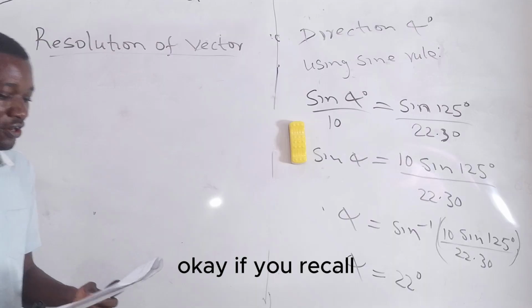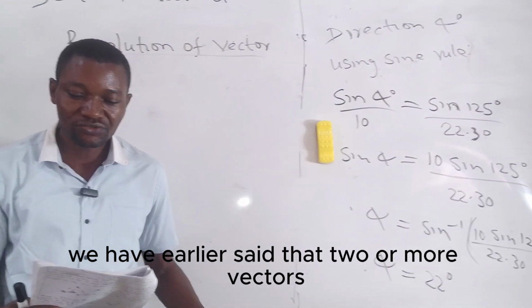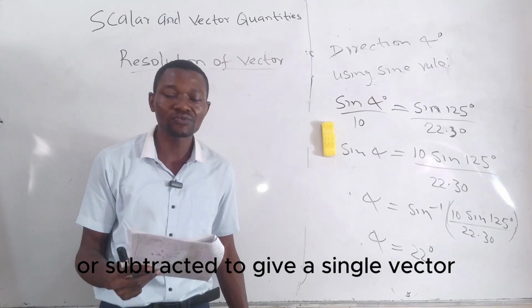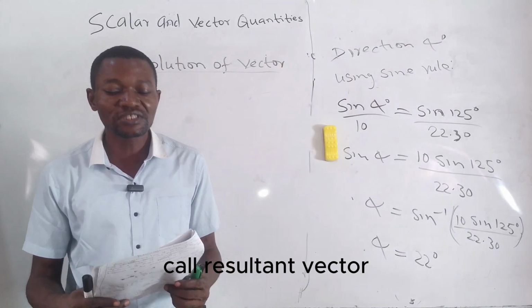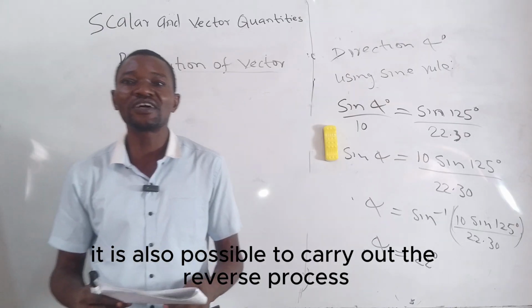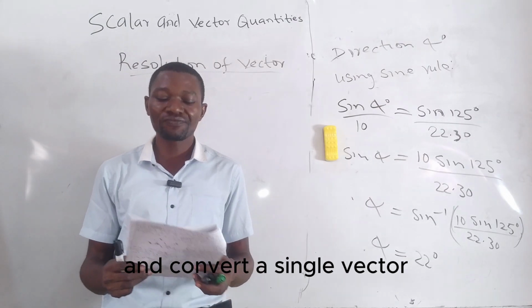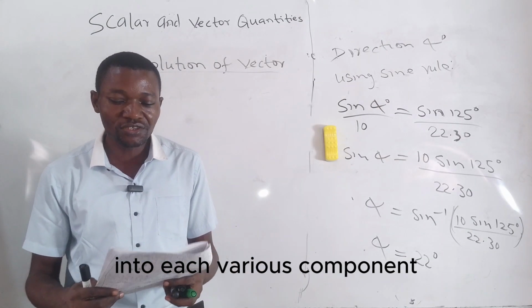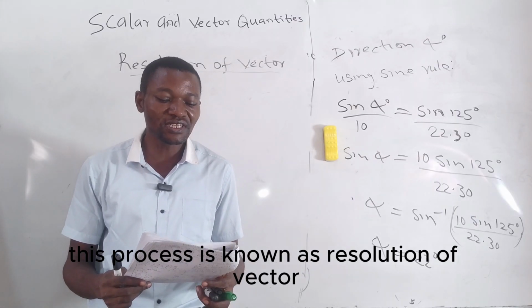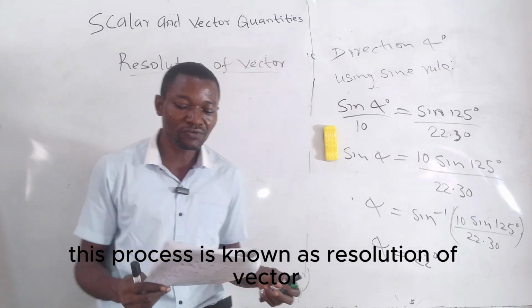Okay, if you recall, we have earlier said that two or more vectors can be added together or subtracted to give a single vector called resultant vector. It is also possible to carry out the reverse process and convert a single vector into its various components. This process is known as resolution of vector.